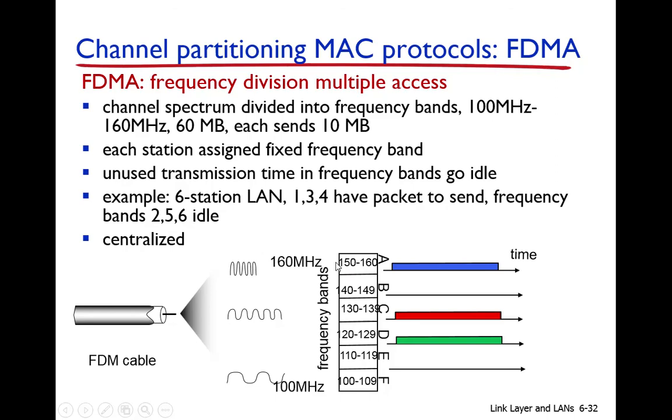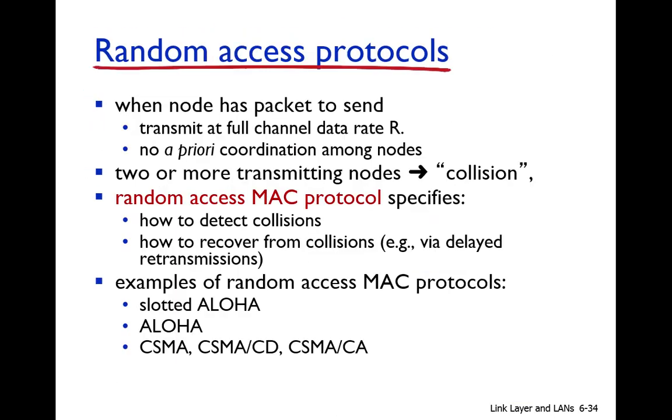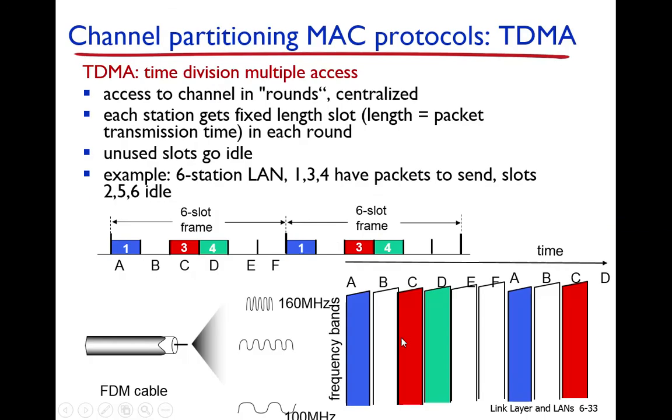So it means that FDMA doesn't meet this requirement. And TDMA meets this requirement. You can see that when A gets its turn, it is using the full bandwidth. So A is achieving the first objective.